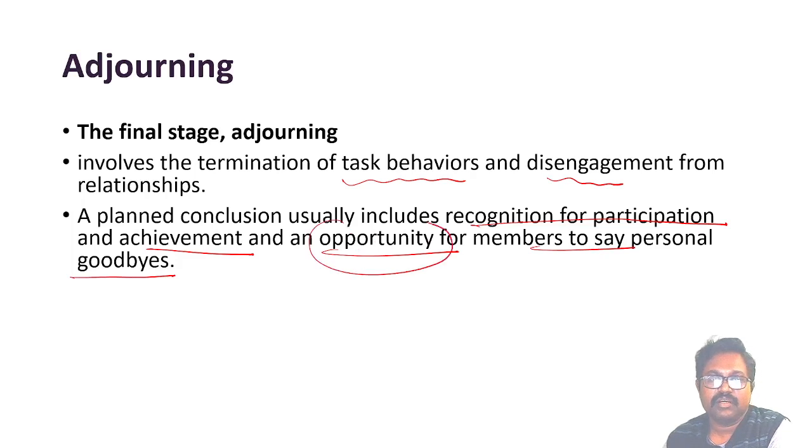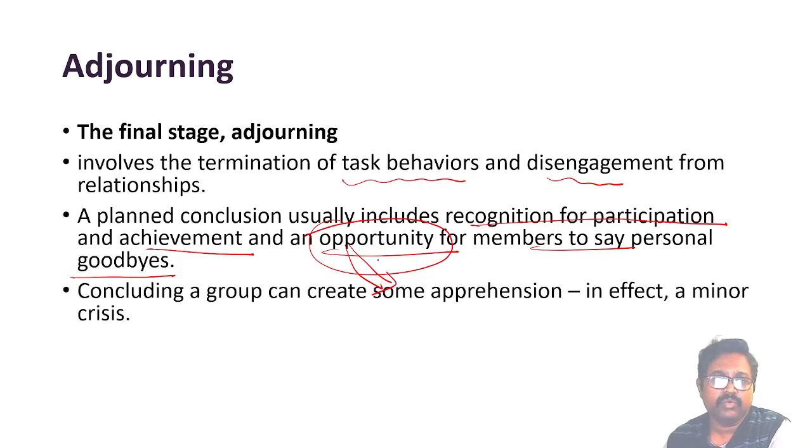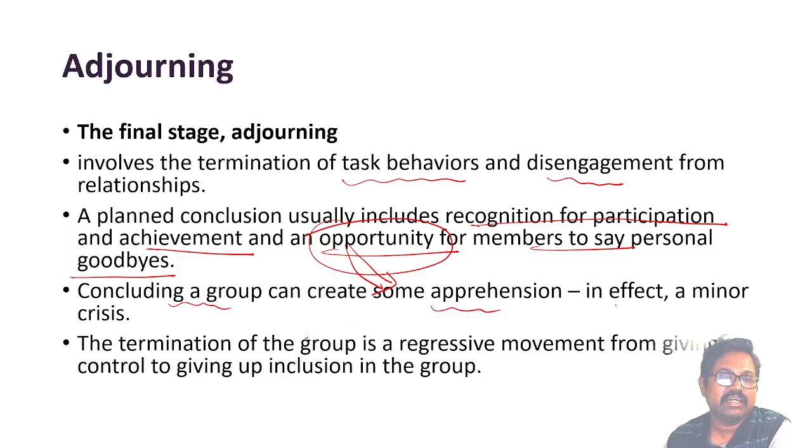From the team activity, they acquire some opportunities in their future productive work. Concluding a group can create some apprehension, and there can be fear, there can be mixed feelings. And termination of a group is a regressive movement from giving up control to giving up inclusion within the group.